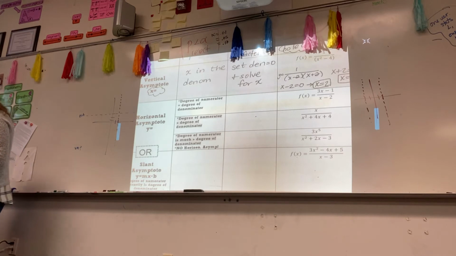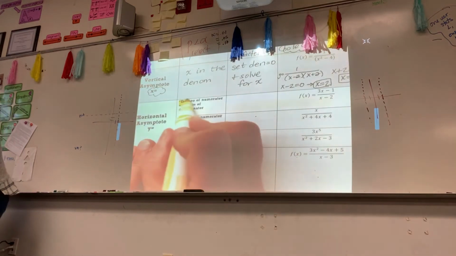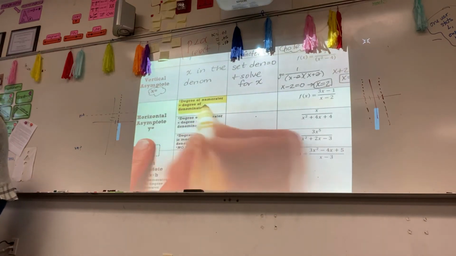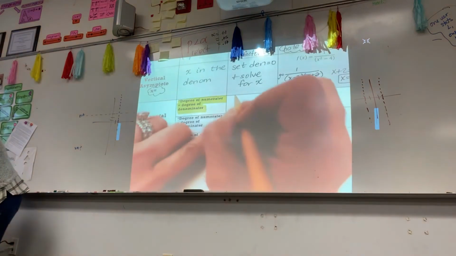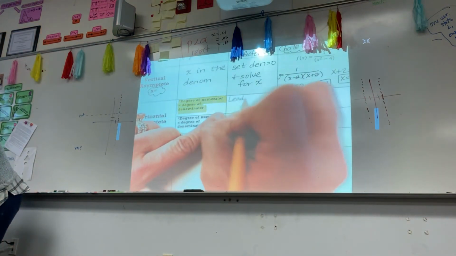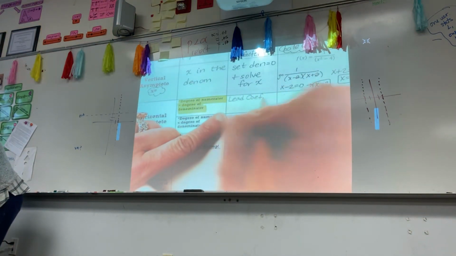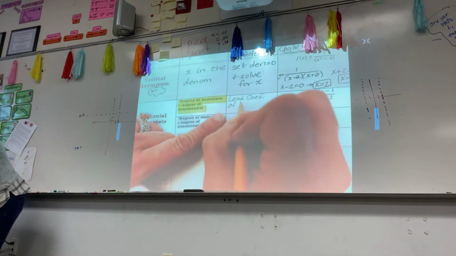All right, what we just did was this. If the degree of the numerator is equal to the degree of the denominator, okay? Now, how do you find that? It is the leading coefficients of the top and bottom.